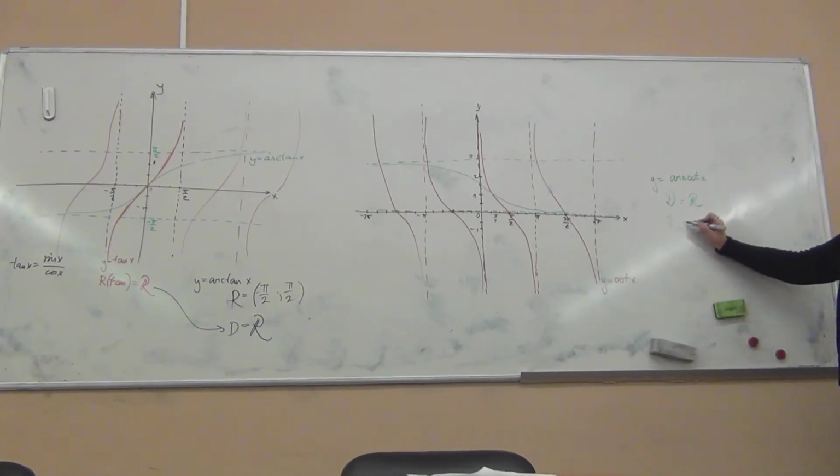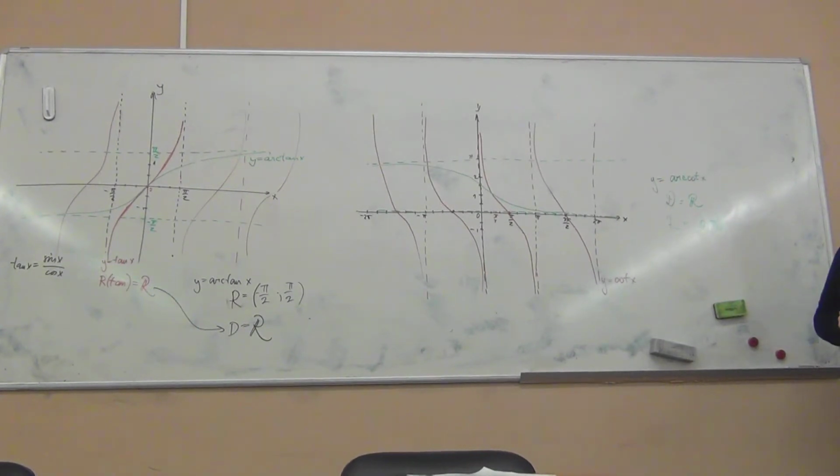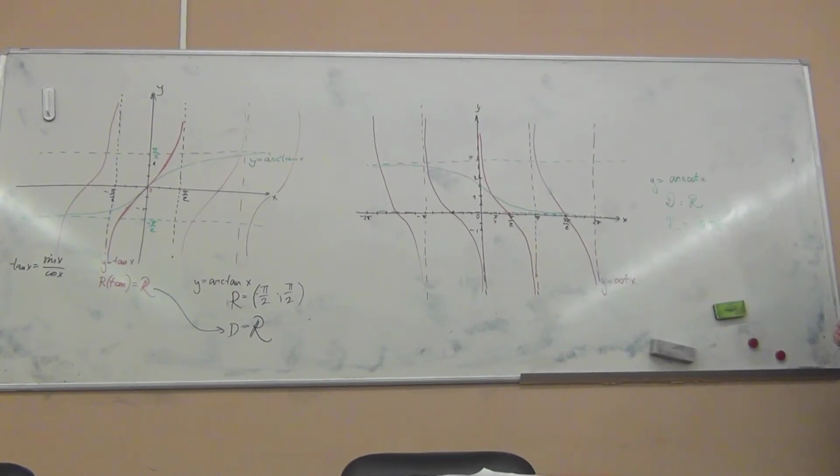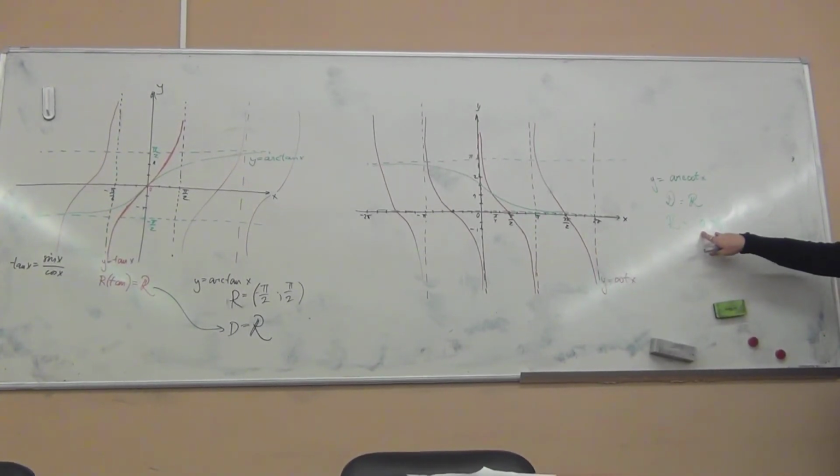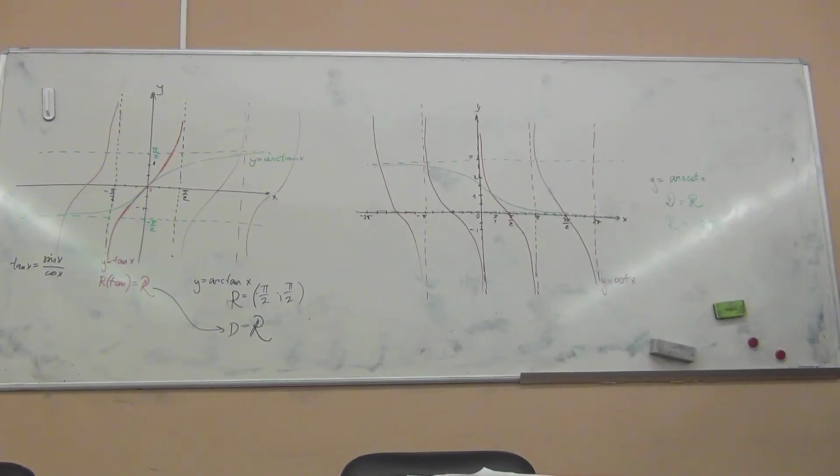And the range of the arc cotangent function will be from 0 to pi, just like for the cosine function, except the ends of the interval being open, not counted. So that you know what these functions actually are and what they mean.